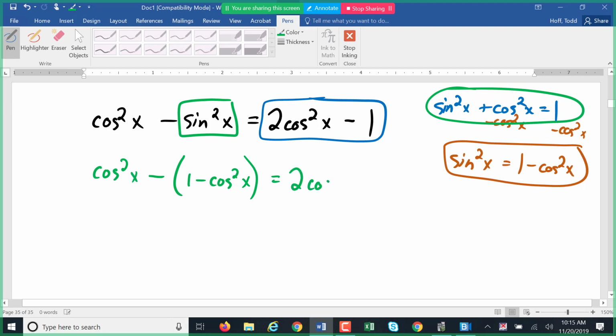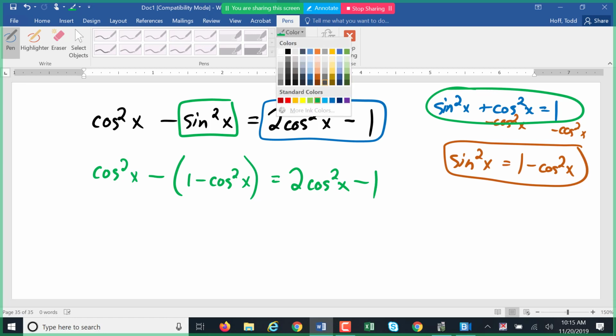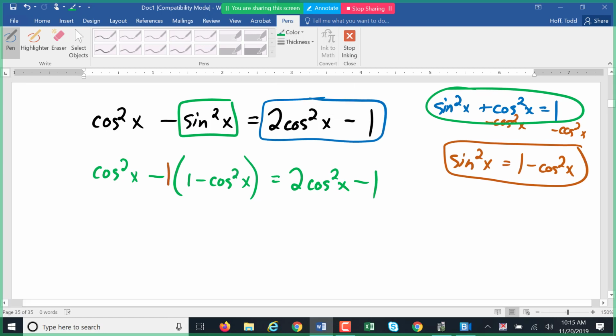So on this side, I'm not going to do anything. I have 2 cosine squared of x minus 1. On the left side here, I'm going to distribute this negative as a negative 1. So my cosine squared of x doesn't change. Negative 1 times 1 is negative 1. Negative 1 times negative cosine squared of x is a positive cosine squared of x.